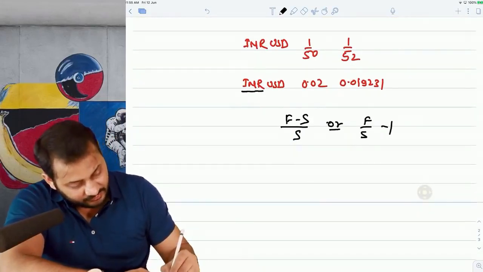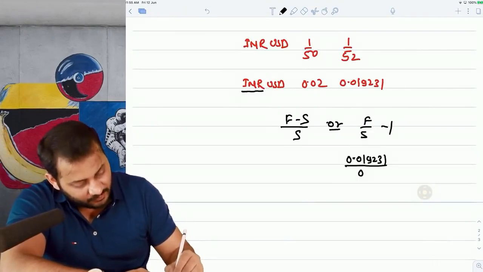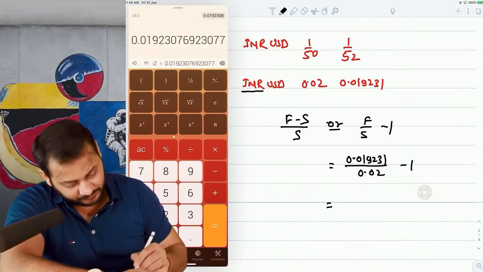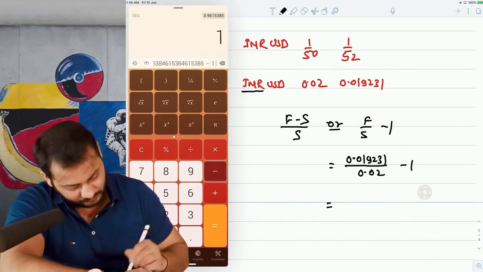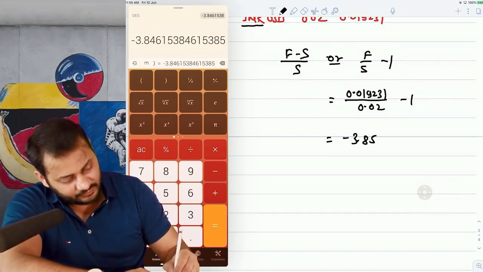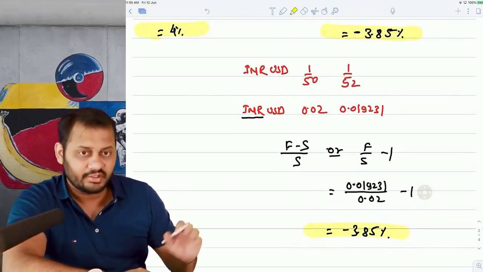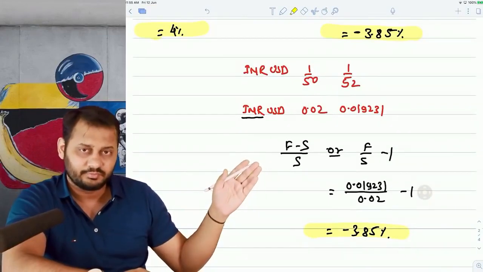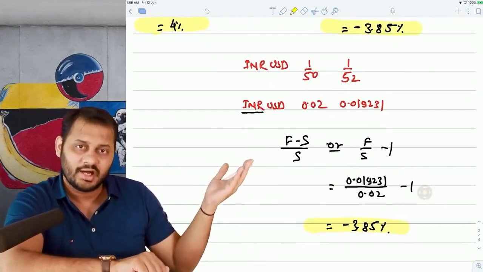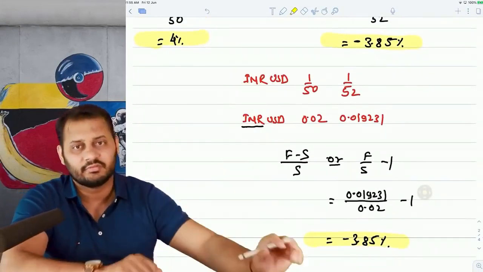Forward rate is 0.019231 divided by 0.02 minus 1, and your answer will be minus 3.85%. So your doubt is cleared that we can use the same formula for dollar also, for INR also, and you will get the same answer, 3.85.